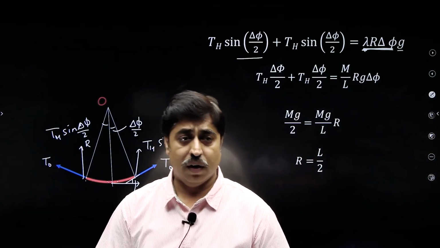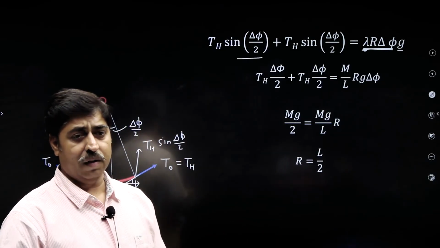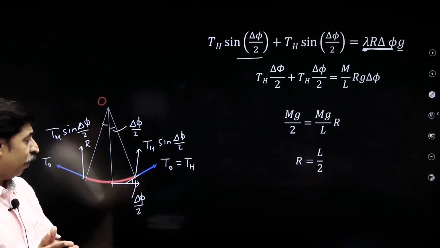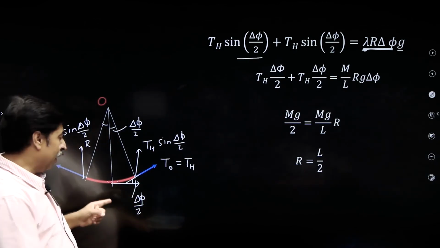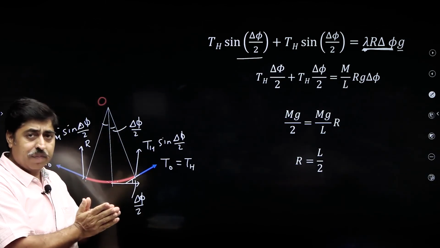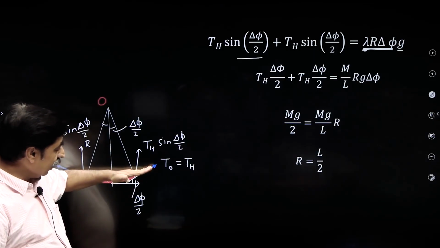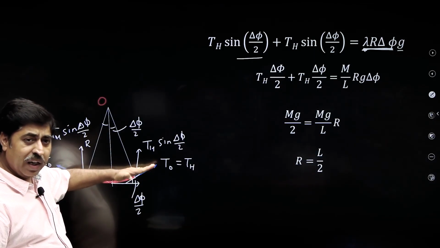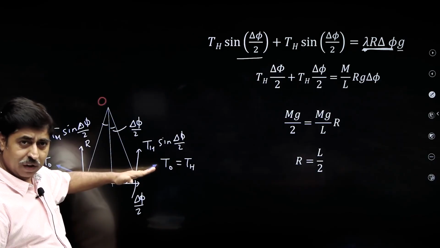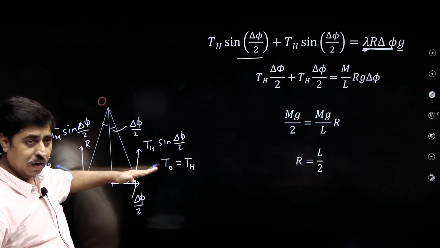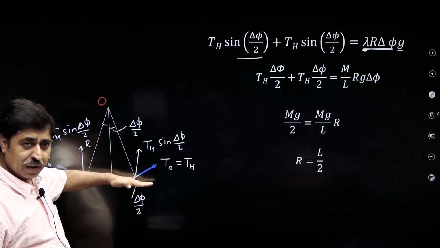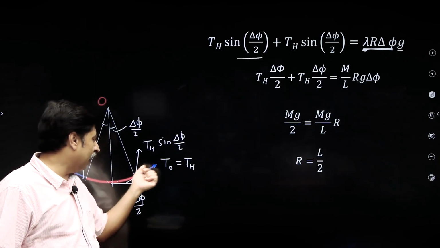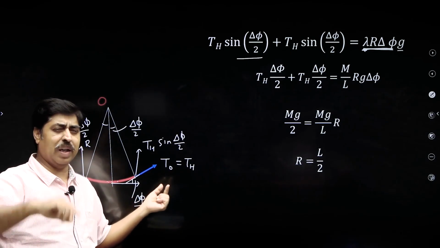So, students, it may be difficult to understand for many of you at this moment, but please try to pay attention. The diagram is misleading because I have drawn a very large arc, and this tension here is apparently at a very large angle to the horizontal, which it is actually not. It is almost horizontal. The component of this tension in the horizontal direction is T naught cos delta phi by 2.